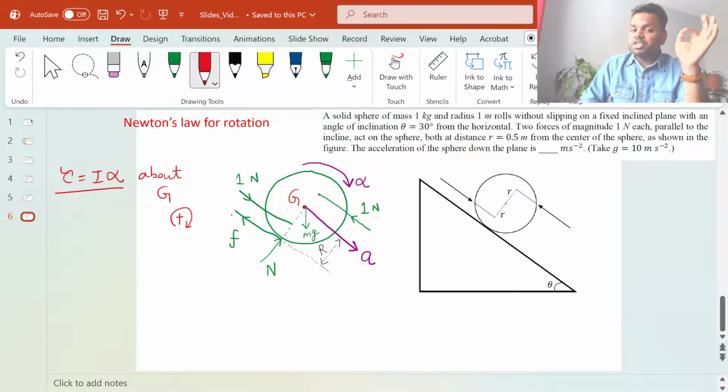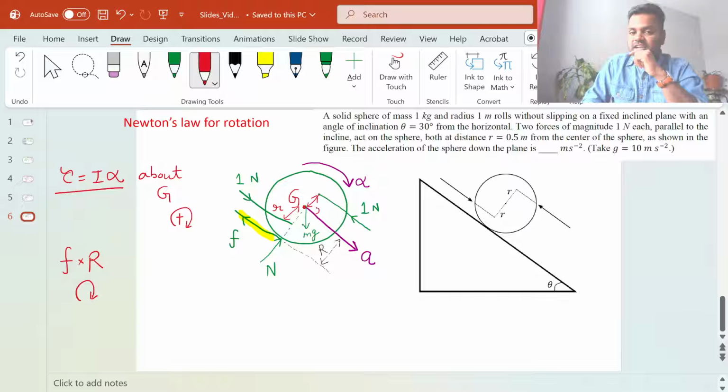Friction will create a clockwise torque, and that will be F right here, multiplied by R. That is clockwise, so that will be plus. And then this 1 Newton here will create a counterclockwise torque, and this distance is R, and same thing here, this is R, right?